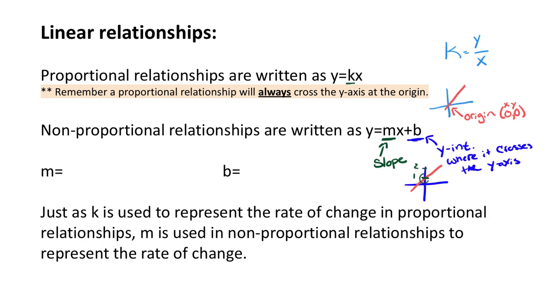So if it crosses right here at 1, then b would be 1 in this example. So m over here is the slope, and that is going to be the change in y over the change in x. And b is the y-intercept.